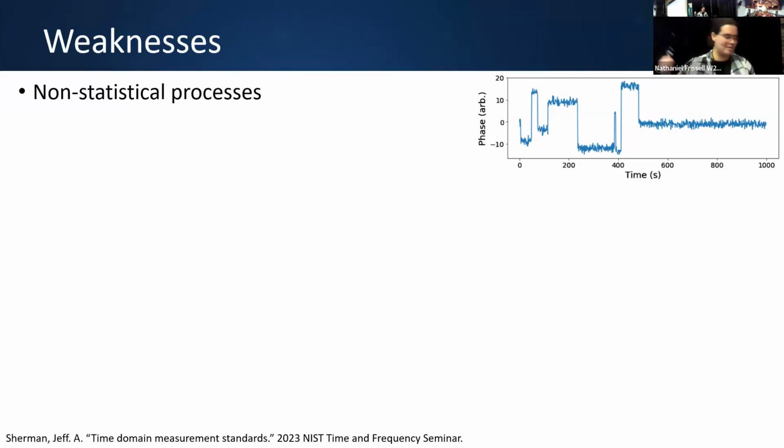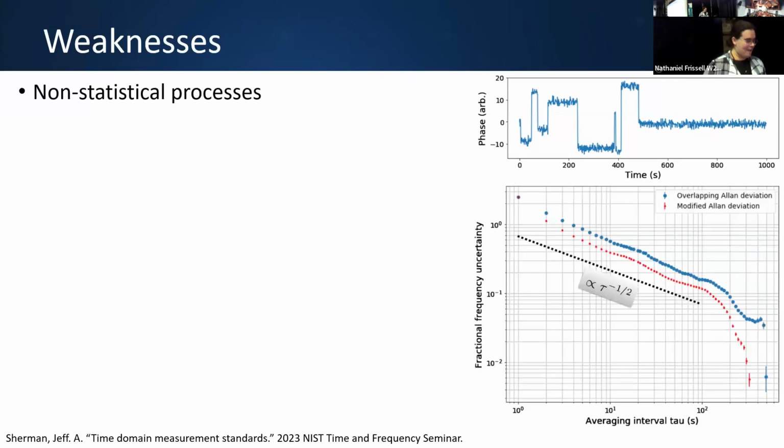And then you realize you have these weird steps, and this plot gives you this weird half slope, and this is actually complete nonsense. This is just white Gaussian noise, but because of those steps, you get completely misleading results. So always plot your time series.